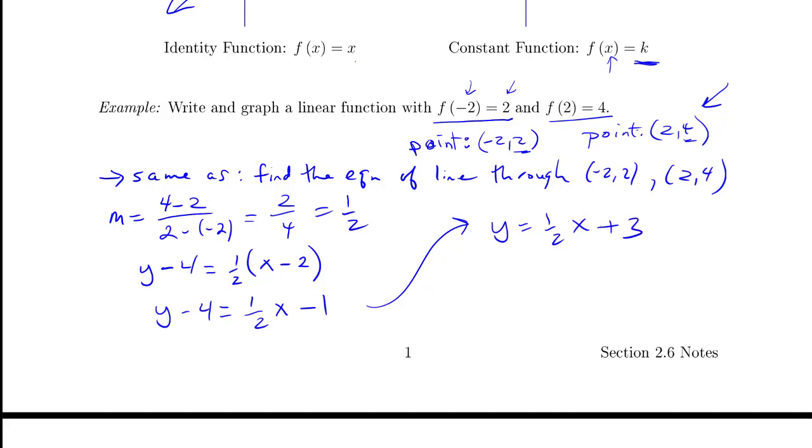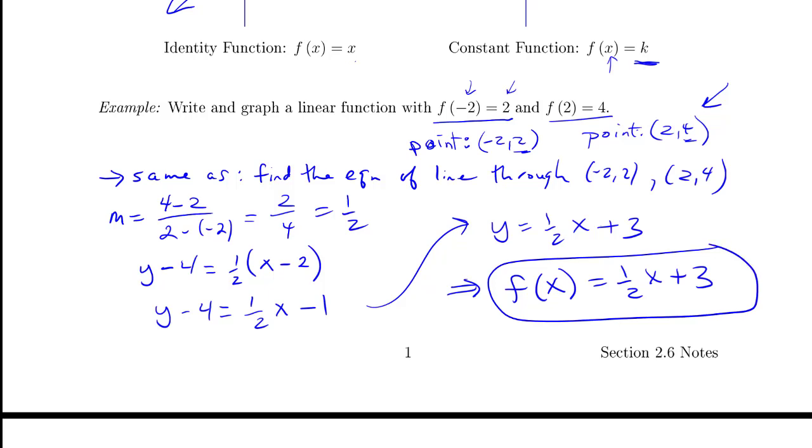Okay, so that would be the line, the equation version. So now all we do is say the function would be f of x equals 1/2 x plus 3. There we go. There's our linear function that satisfies those two function values.